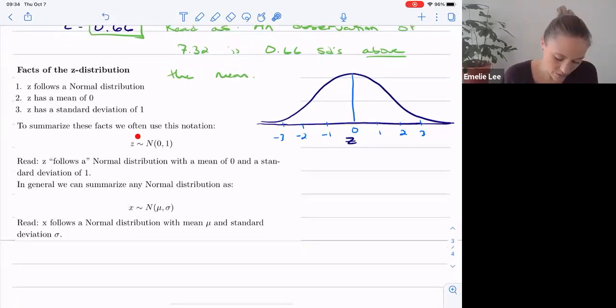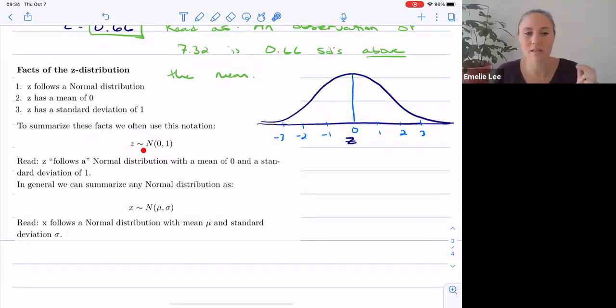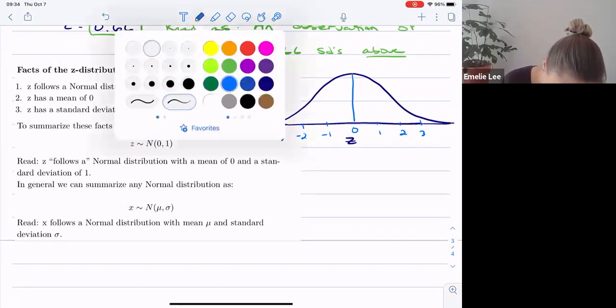So we can summarize these facts using this notation, okay? How you read this is Z follows a, so this tilde is shorthand for follows a, okay?